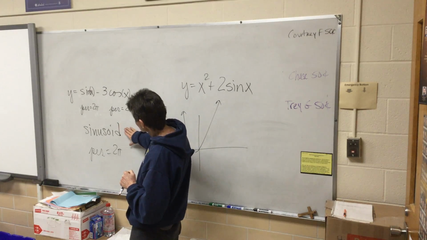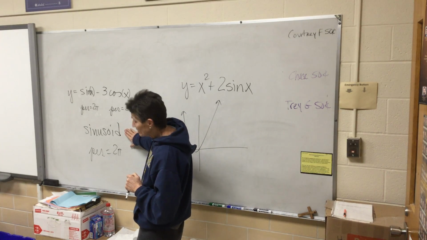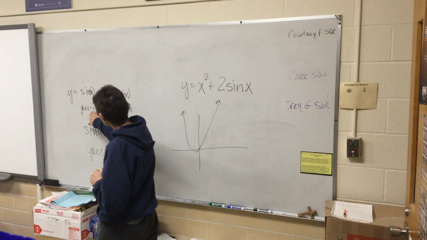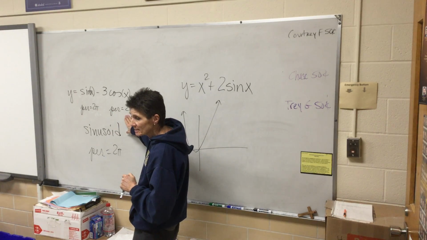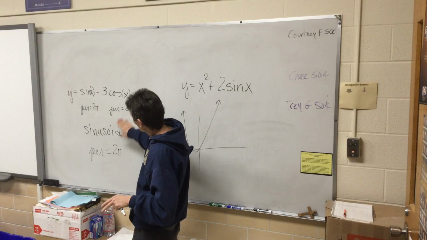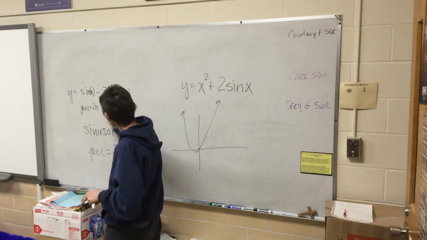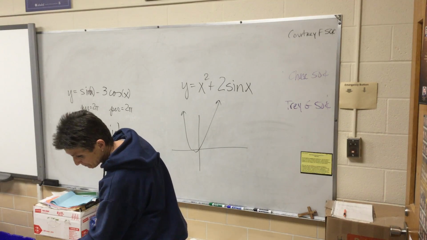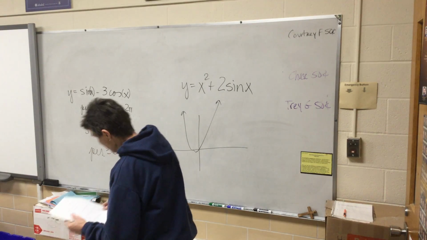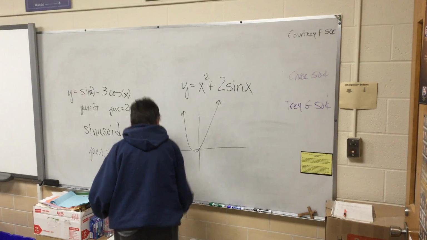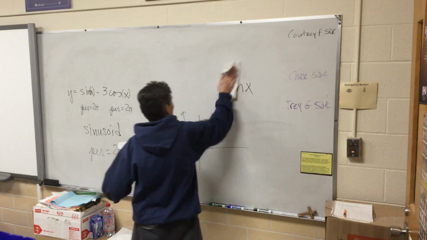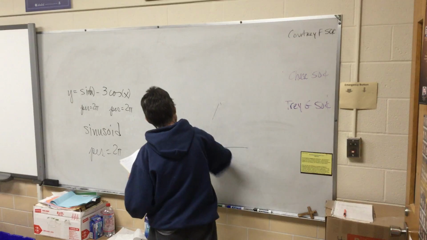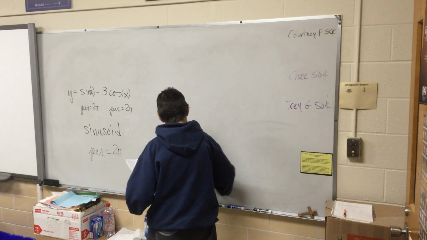So, is it a sinusoid? Yes. Why? Because the periods of its component pieces are the same. What is the period? Well, they match, so it's easy. There's no figuring out to do. It's 2 pi. All right, let's look at the next one, because they aren't going to match in the next one. What is the period of the first piece?